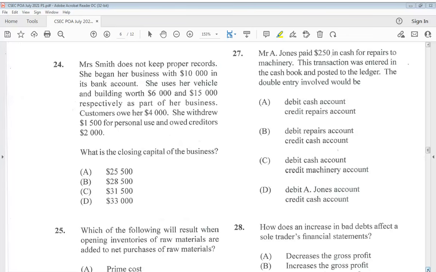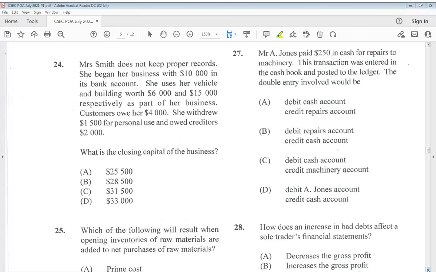Now, what is our accounting equation for capital? We know it's assets less liabilities. So assets subtract liabilities. Now, what are our assets? First of all, in the bank, there was $10,000. And then we have motor vehicle.